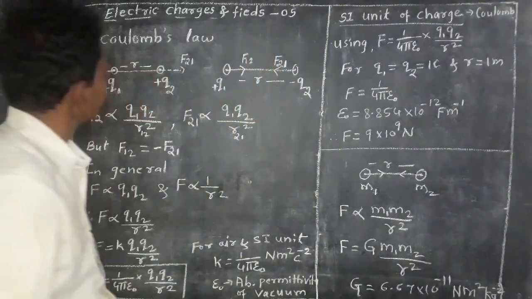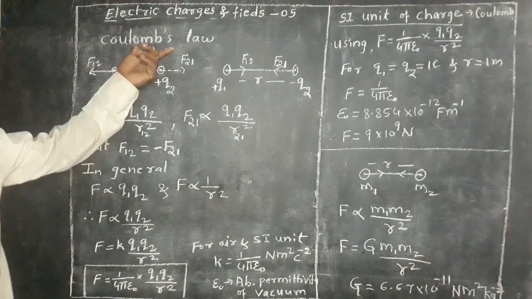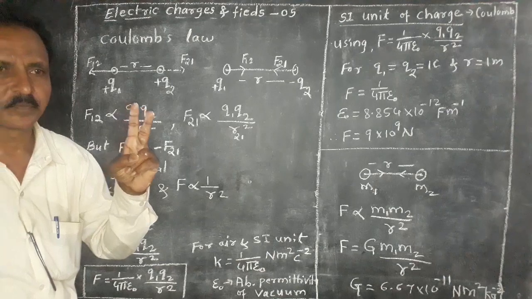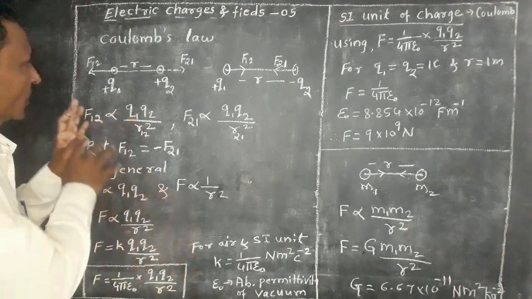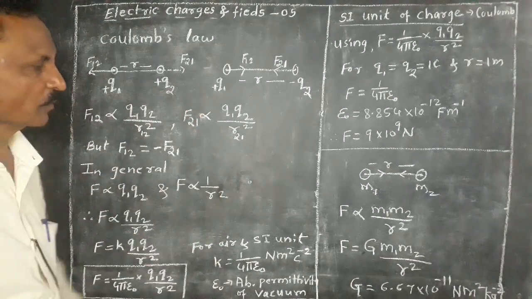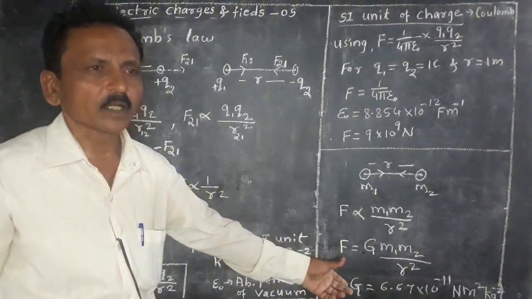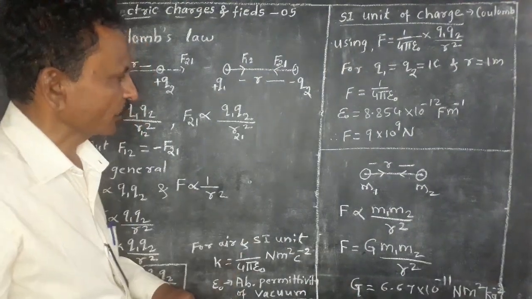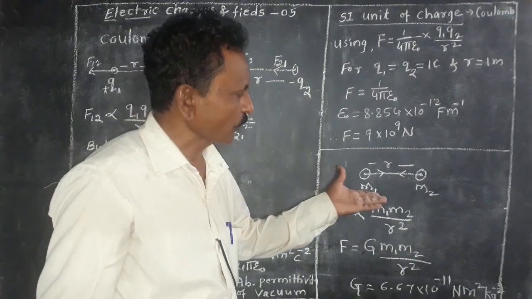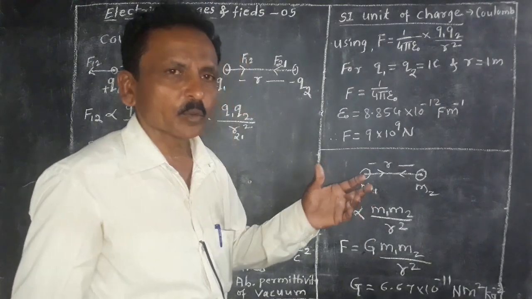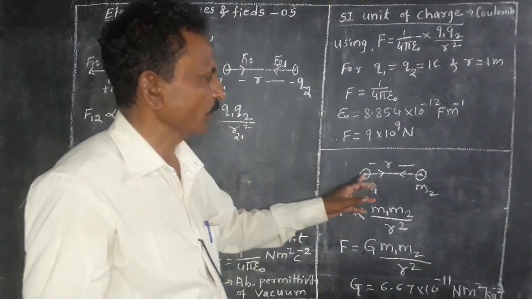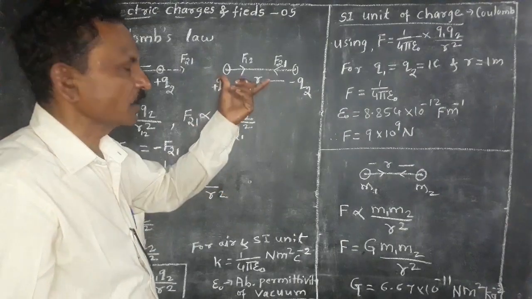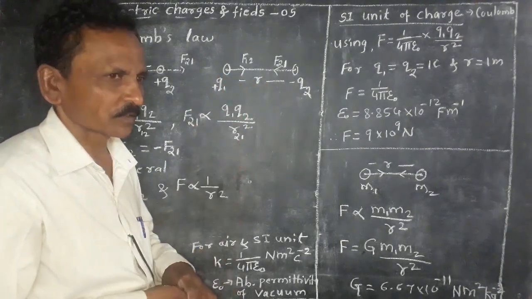And here Coulomb's law is the force between 2 point charges. It may be repulsive or attractive, but gravitational force is always attractive in nature. One similarity: gravitational force is inversely proportional to the square of the distance between the bodies, and in Coulomb's law also the force is inversely proportional to the square of the distance.